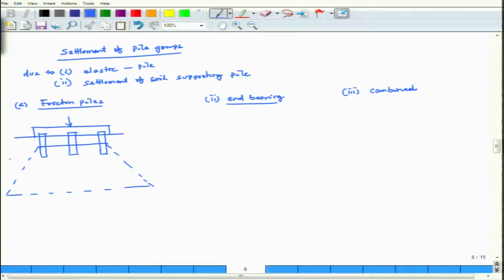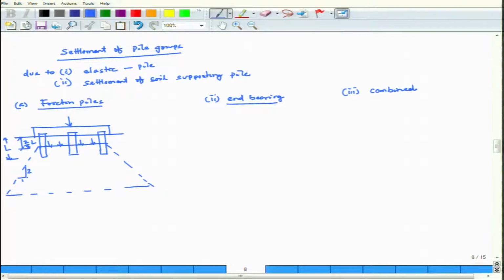So, if I consider this is my L, total embedded length is your L. So, this will be your 2/3 L, 2/3 L, and here will be your load intensity, and this will be 2:1 distributions.